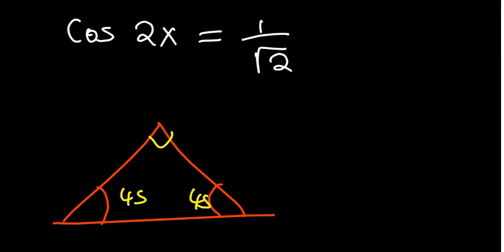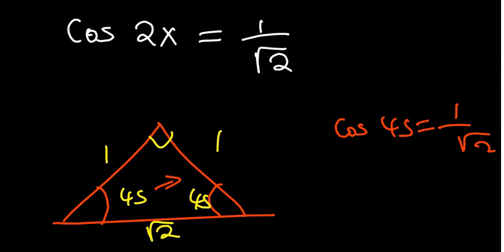The hypotenuse gives us √2, and the sides are both of equal length, let's say 1 and 1. So cos 45 will be 1 over root 2, and sin 45 as well is 1 over root 2. That's why tan 45 is equal to 1.